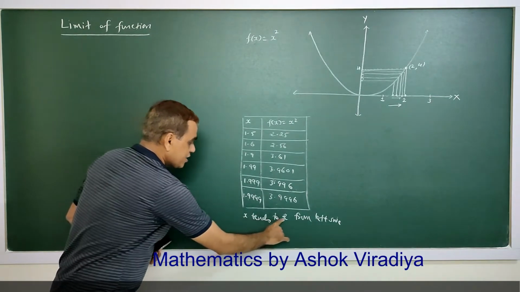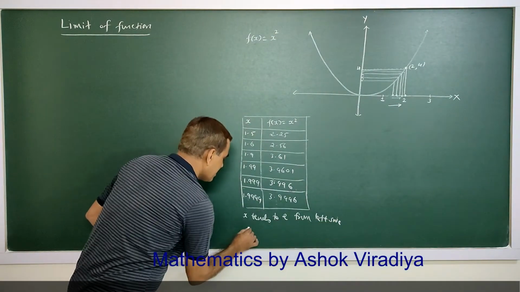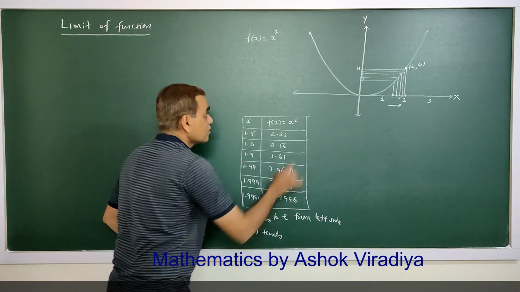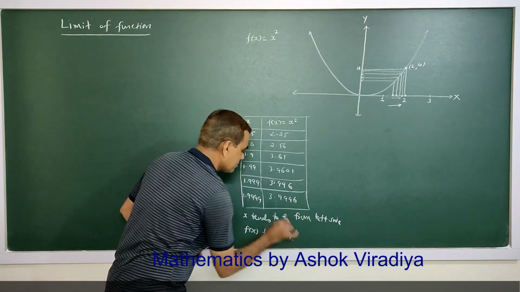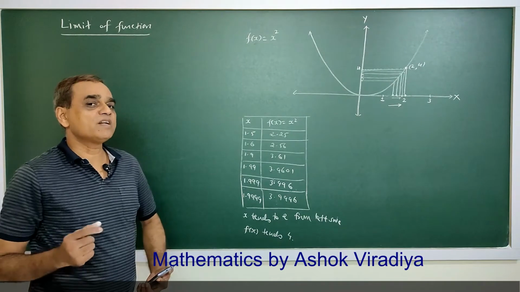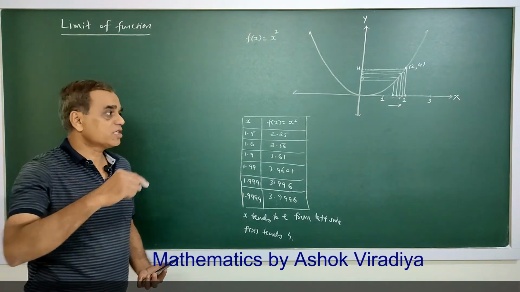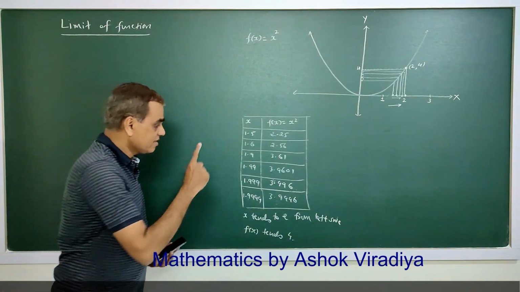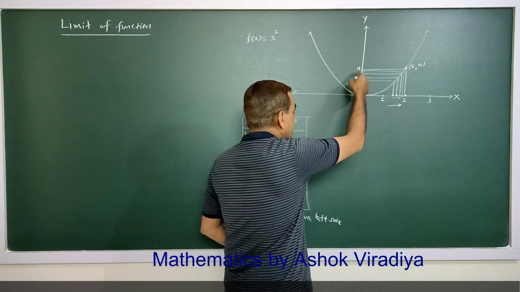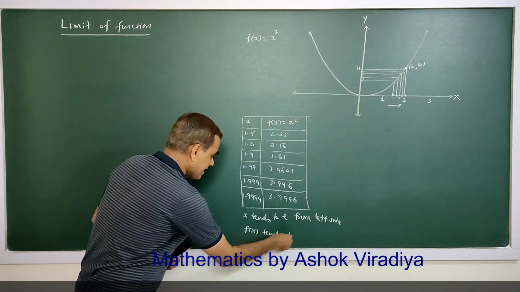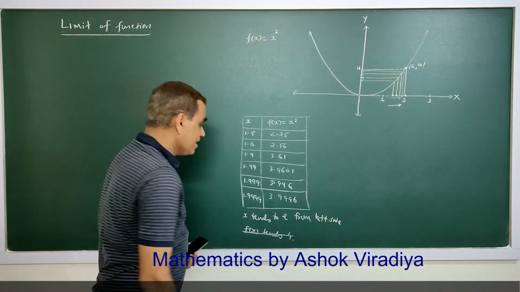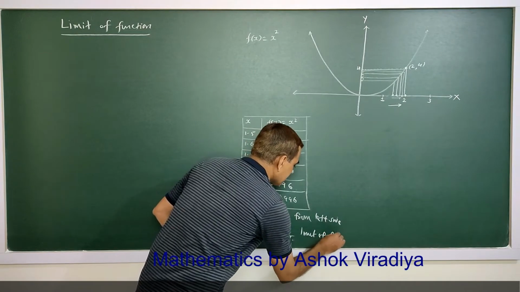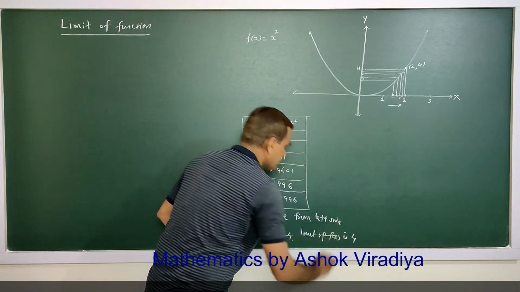So x tends to 2 from left side, f(x) tends to 4. Or we can say limit of f(x) is 4.